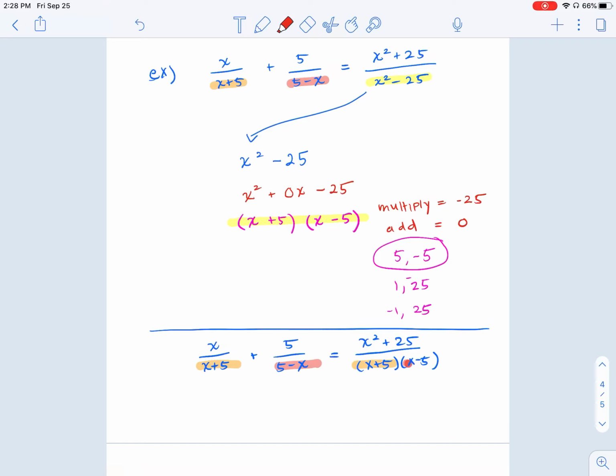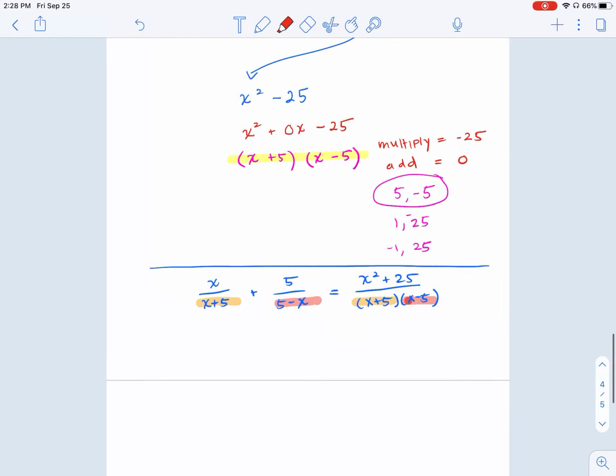We have 5 minus x and we have x minus 5. They're not the same, but they do look somewhat similar. So what we're going to do here is multiply so that they look the same. First, I do want to mention, here in red is x minus 5. This is 5 minus x.